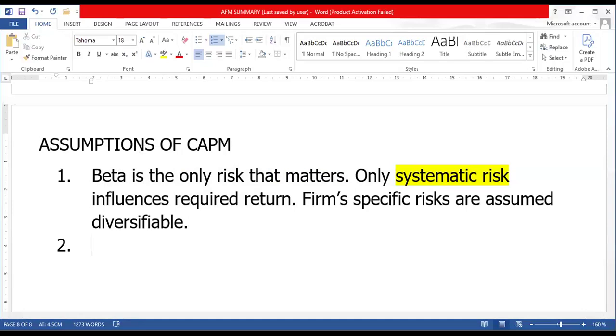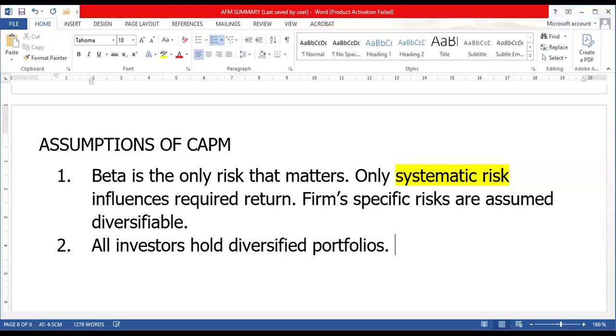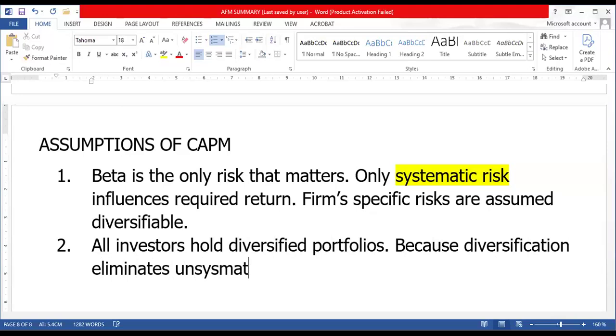Then also another assumption is that all investors hold diversified portfolios, because diversification eliminates the unsystematic risk.